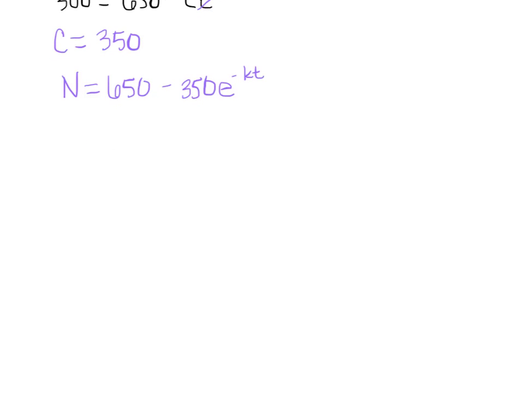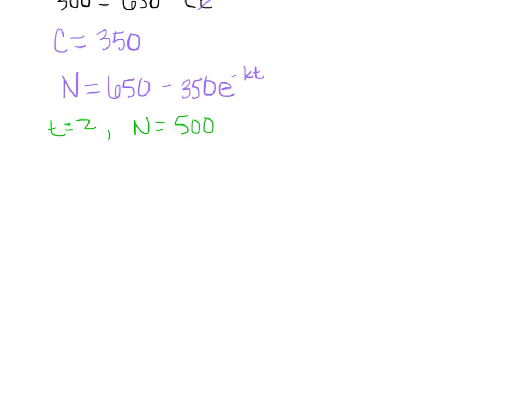I can go ahead and solve for my k value by using the second scenario that was given to us. And that second scenario was when t equals, I believe it was 2, our population n was equal to 500.